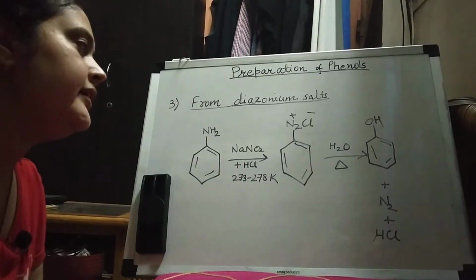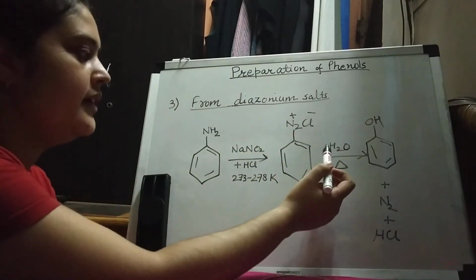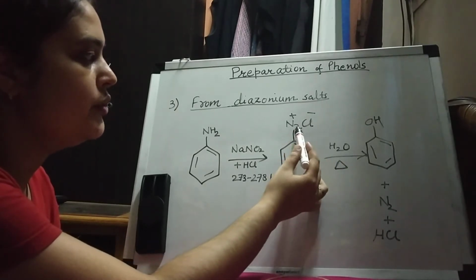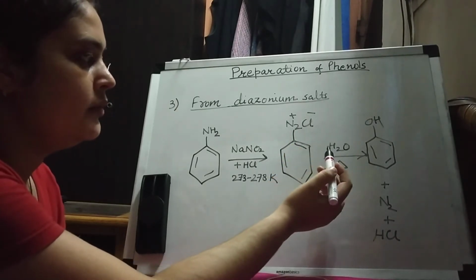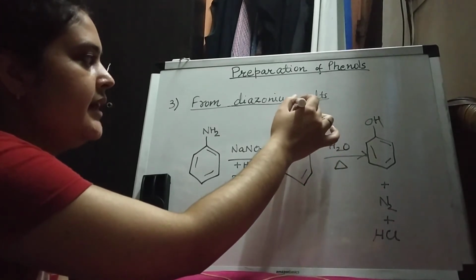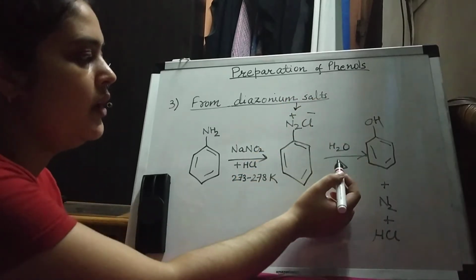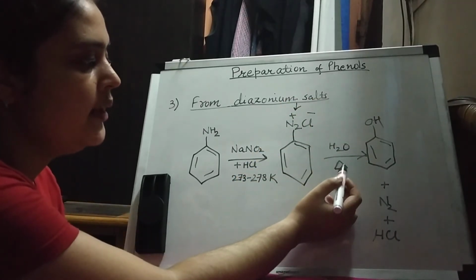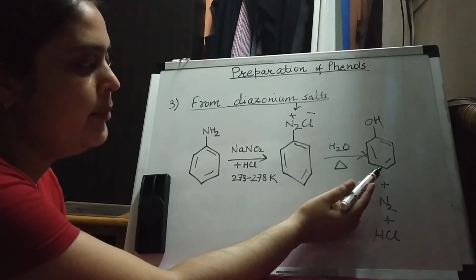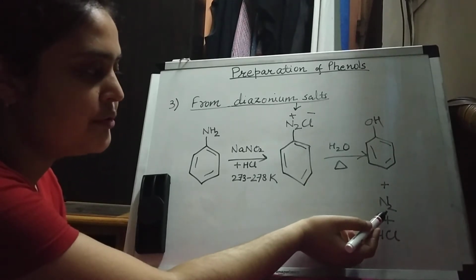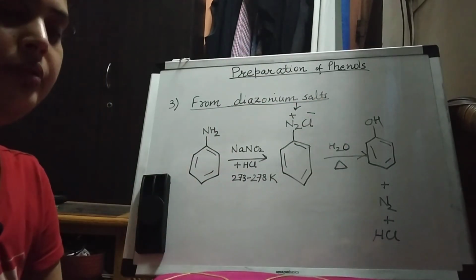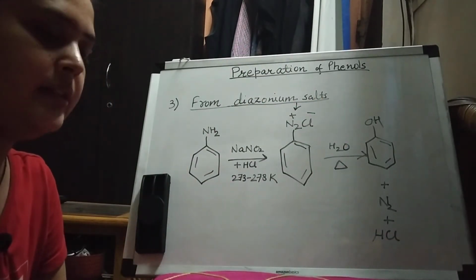We get benzene diazonium chloride, where the benzene group is attached to an N2Cl group. This is the diazonium salt. Now, when we add water to it and heat it, we get phenol, and the byproducts are nitrogen and HCl.